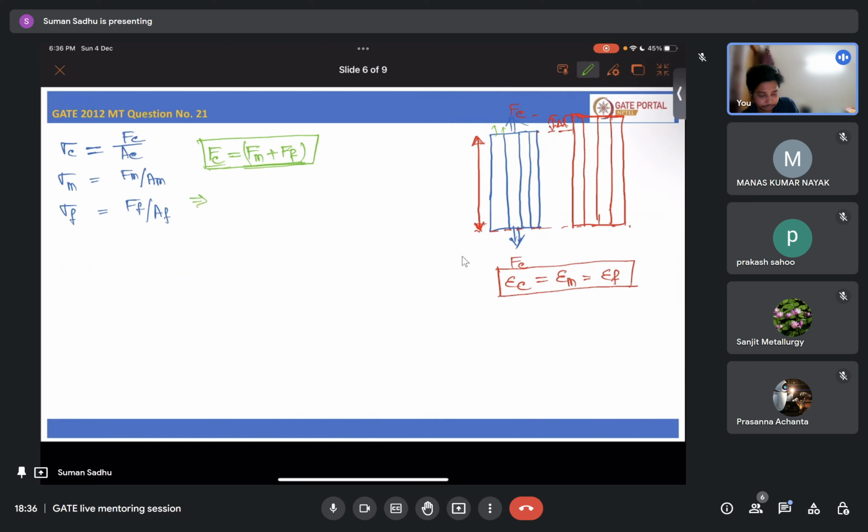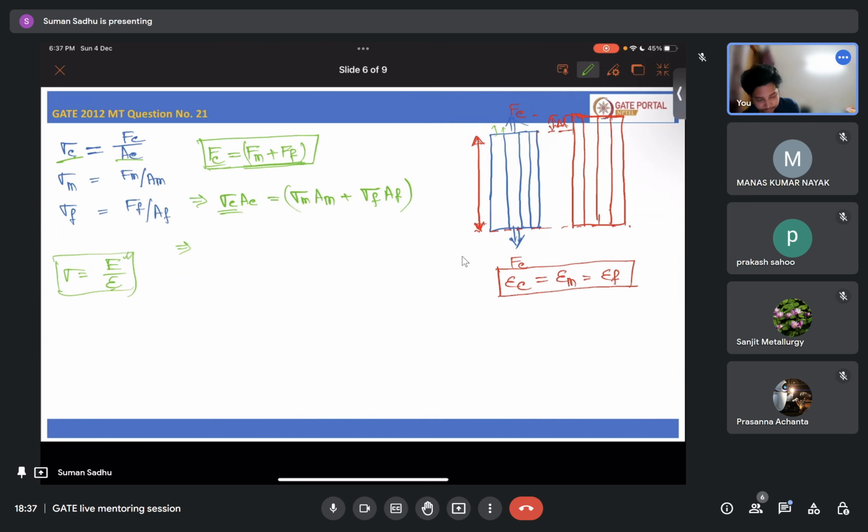Now similarly, if you write this in terms of sigma and area, it will be sigma c Ac is equal to sigma m Am plus sigma f Af. Now again we'll write this sigma in terms of the elastic modulus, that is sigma is E into epsilon, because we have to find the relationship for the elastic modulus.